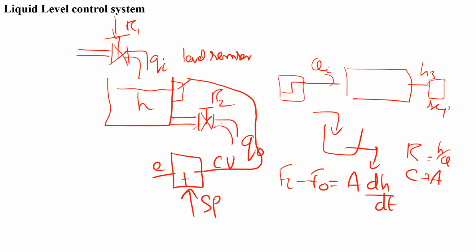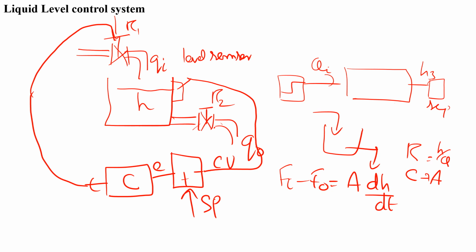This error is given to a controller. The controller output is the actuation, which is directly given to this. Based on the actuation, you can open the valve, or increase the level, or increase the flow rate, or decrease the flow rate. Or you can give a control actuator input to this valve. So this is the complete liquid level control system.